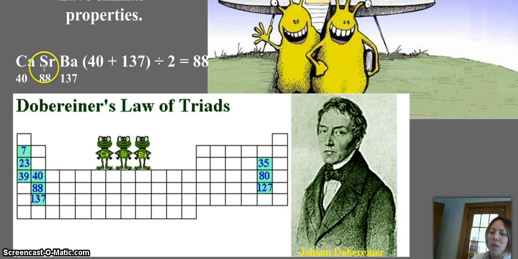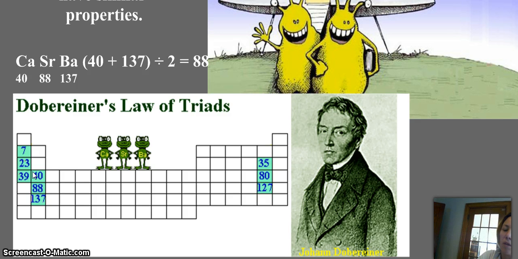So, for example, he estimated strontium's mass to be 88 because he added calcium's mass, which was 40, and barium's mass, which was 137, and divided by 2, and hypothesized that that middle element would have a mass that was the average of the two. Strontium's actual mass, if we can look it up real quick, I think I have a periodic table here, is 87.62, so not a bad rule, right?